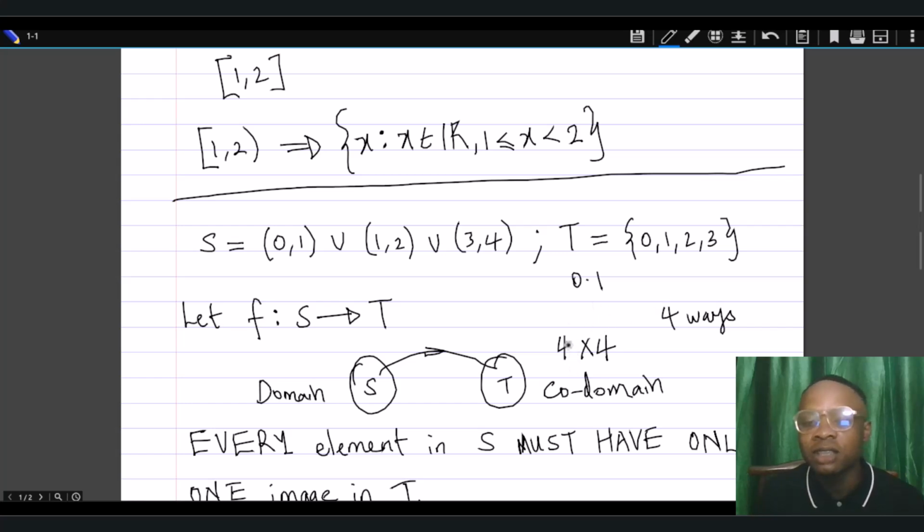So at the end of the day, we have 4 times 4, which is 16 ways to define a function that goes from S to T if S had only 2 elements.